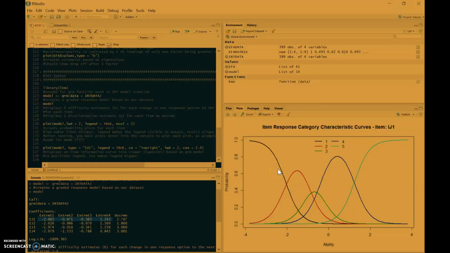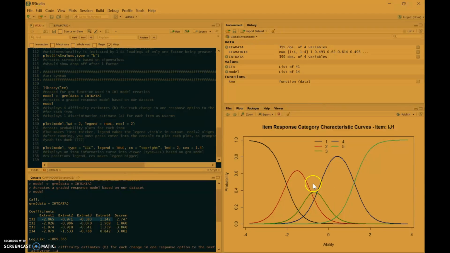Each curve represents the numeric response given by a person taking the item. Since this is a Likert 1 to 5 response, we have a line for each response option, 1 to 5.